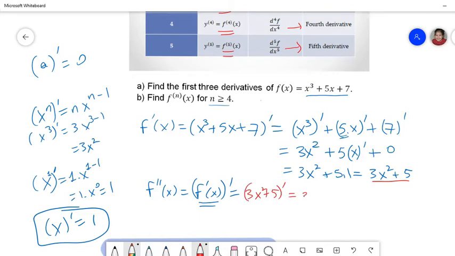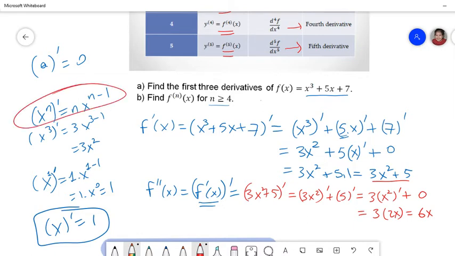You can distribute the derivative: the 5 gives 0, and this will be 3 times 2x, which is equal to 6x. Here I'm applying this rule again.